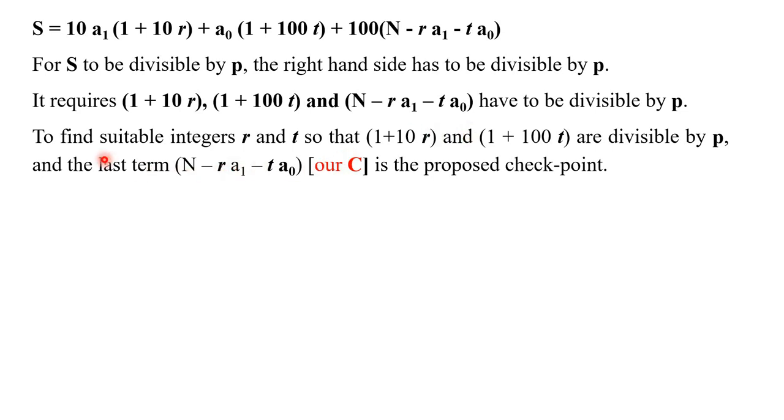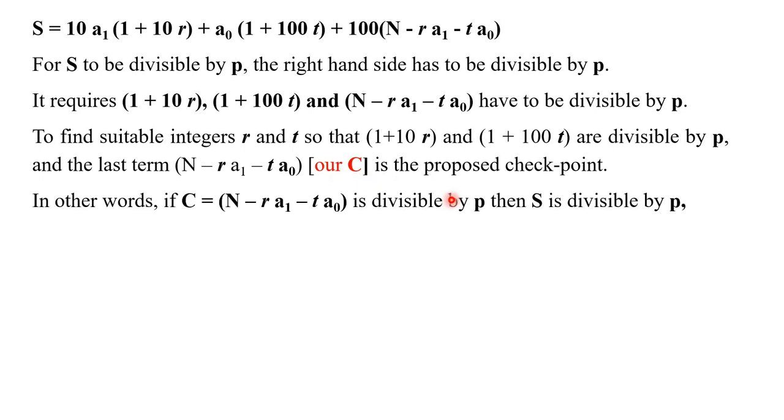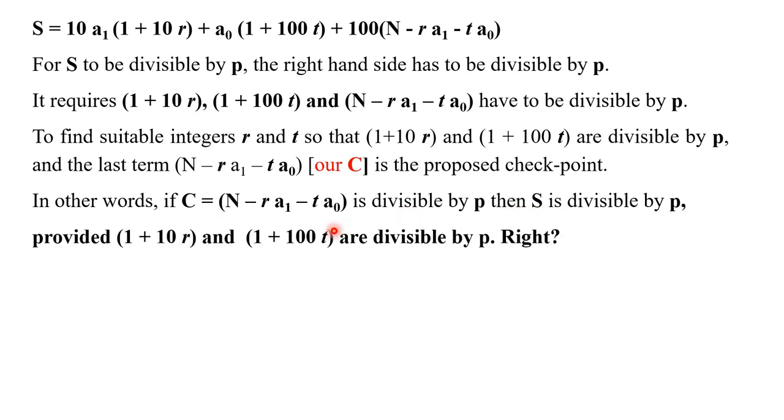That means you have to find suitable integers R here and T here, so that these two are divisible by P. And the last term, that is the checkpoint that we have prescribed for our strategy. Okay. So in other words, if C you define in this way and is divisible by P, then S is divisible by P, provided the two terms 1 plus 10R and 1 plus 100T are divisible by P. Right? Got it?